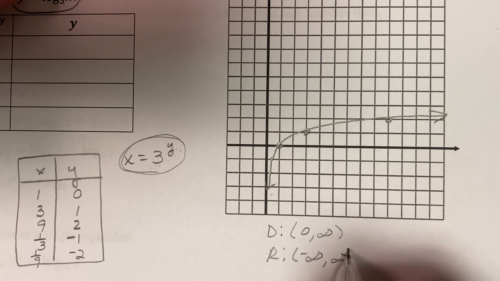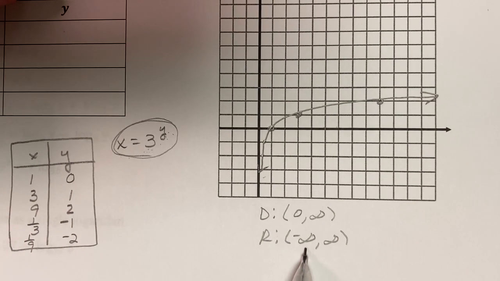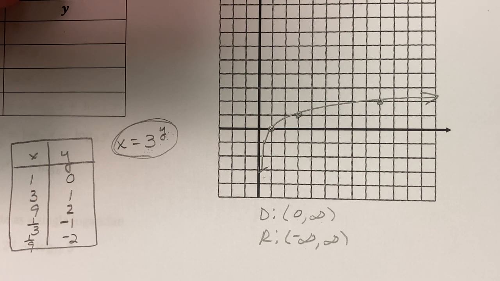I go back up here and talk about that because remember, for exponential functions, your domain was all real numbers and your range was from 0 to infinity. So don't forget, when you're talking about inverse functions, which exponential functions and logarithmic functions are, your domain and your range have been flipped. And that's exactly what's happened.